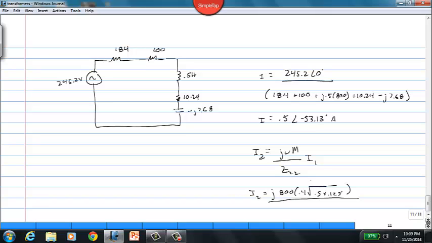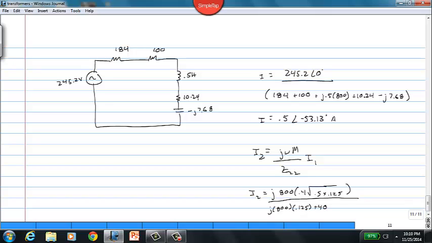Remember, Z22 is the total impedance of the secondary side, so that's going to be the self-impedance of the transformer, J times 800 times 0.125. We need to add to that the resistance of the secondary of the transformer, plus 40.